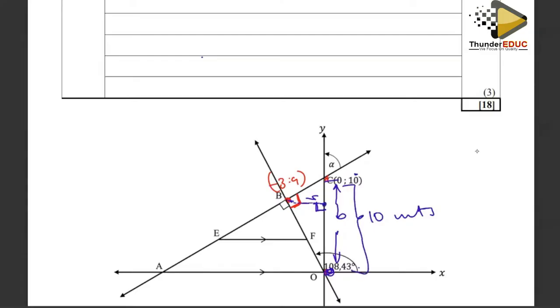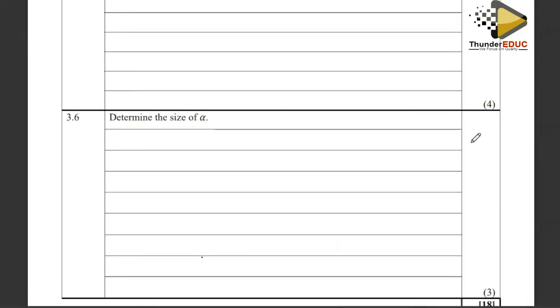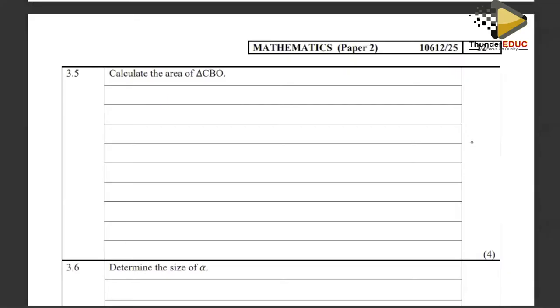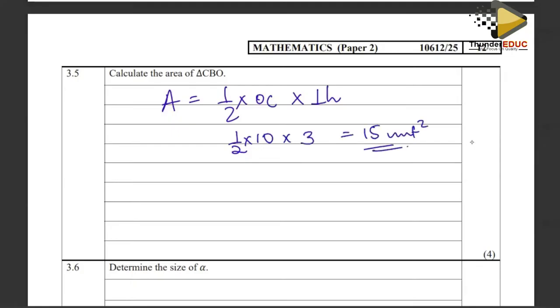Then the distance from this line up to B is 3 units. Distance is never negative, so that's 3 units. So our area is a half times the OC, multiplied by the perpendicular height. A half times 10 multiplied by 3 gives me 15 units squared. I feel this is the quickest.